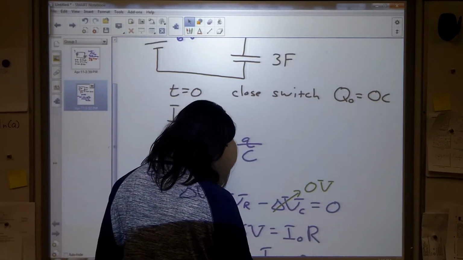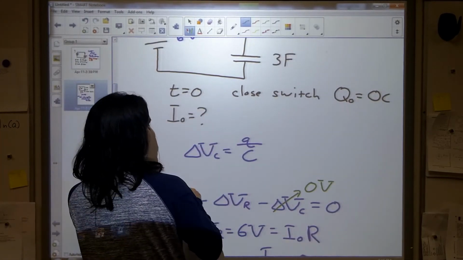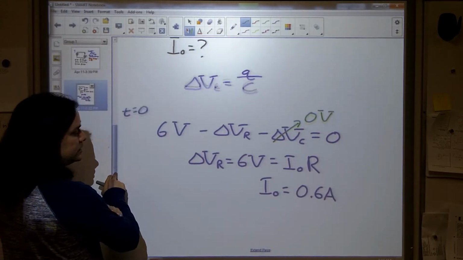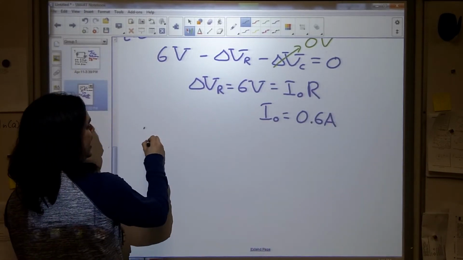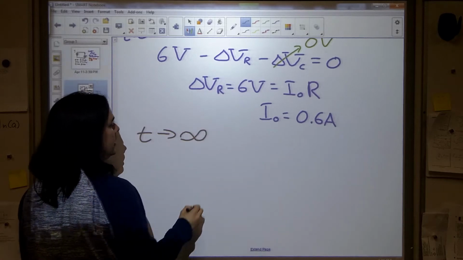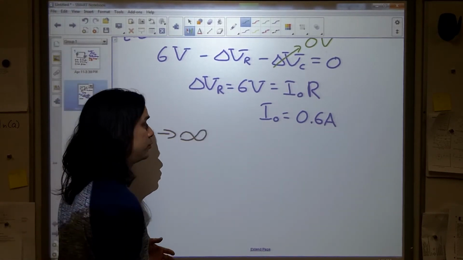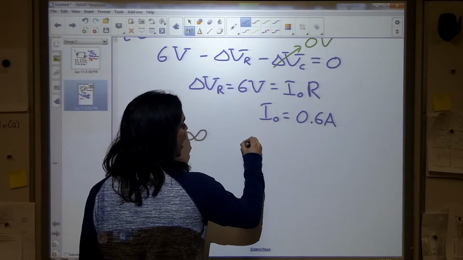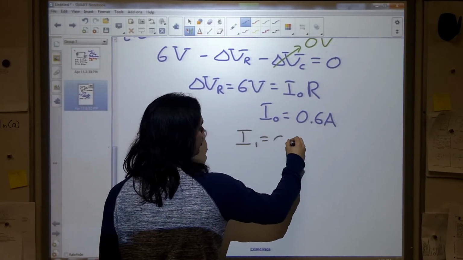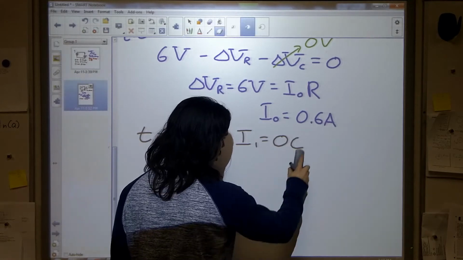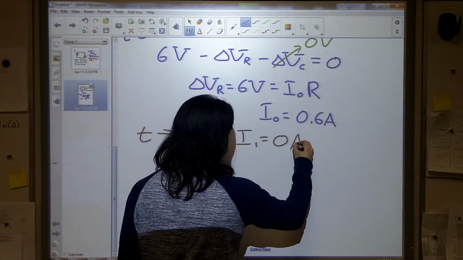The other thing that I'd like to find is this. Now that we've found the initial current, it is 0.6 amp. I'd like to say as time goes to infinity, in other words, we wait a really long time and that capacitor gets fully charged, I'll point out that our final current is actually going to go to 0 amp, not coulomb, 0 amp.